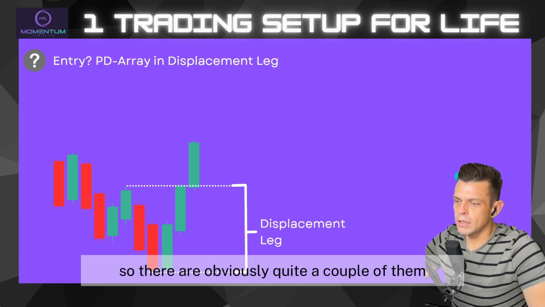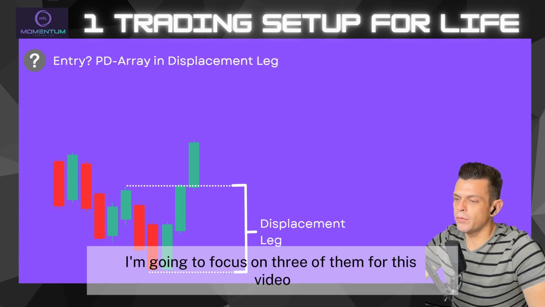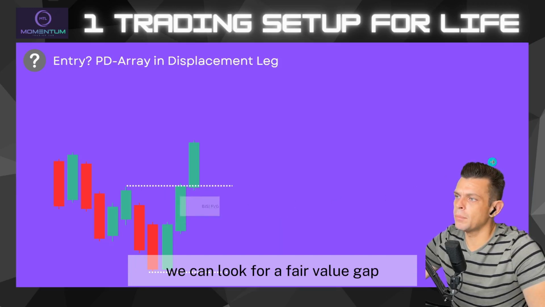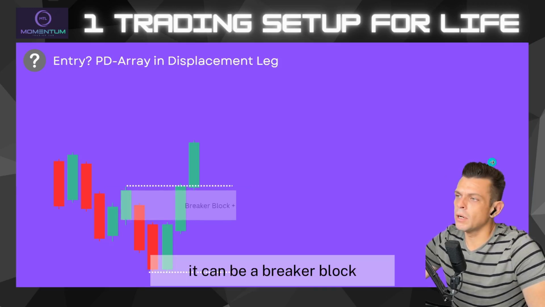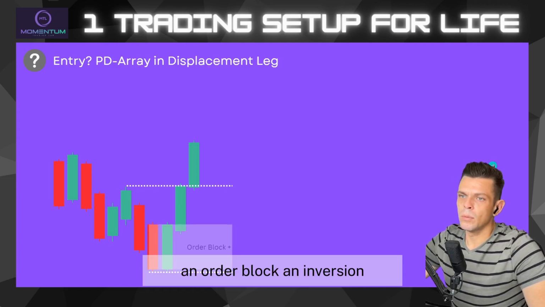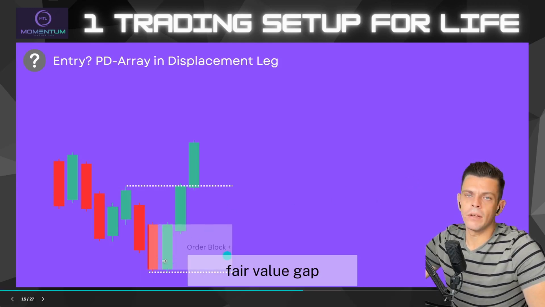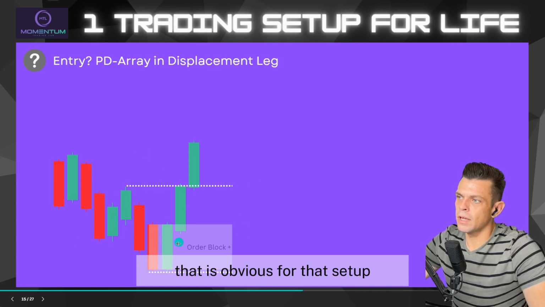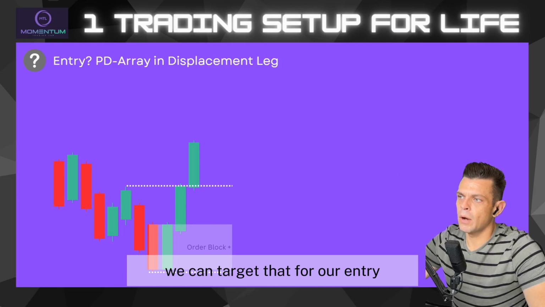So there are obviously quite a couple of them. I'm going to focus on 3 of them for this video. So in that displacement leg, we can look for a fair value gap. It can be a breaker block, an order block, an inversion fair value gap, anything that is in that displacement leg that is obvious for that setup. We can target that for our entry.